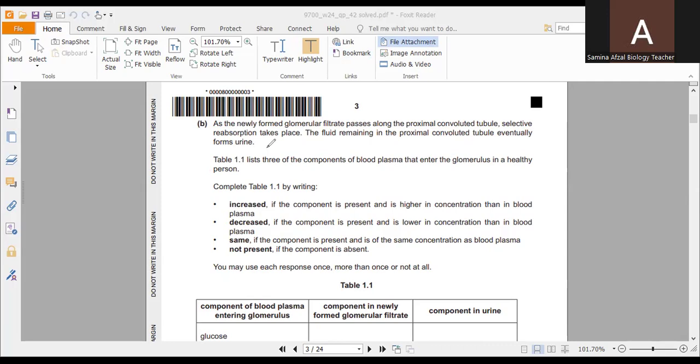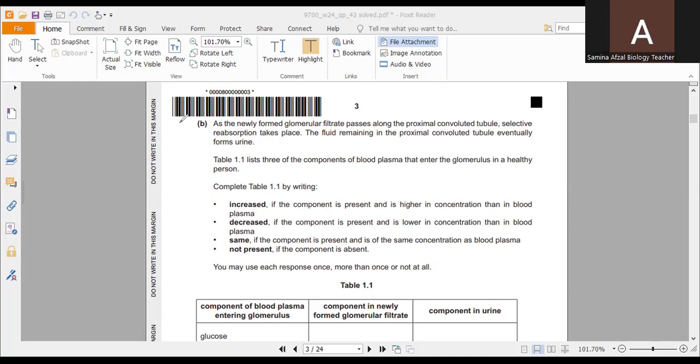All those substances which are needed by the body are reabsorbed, so only the waste products are left behind. If there is a deficiency in the blood, that is, low water potential in the blood, the water is also reabsorbed. In this way, only urine is left behind.